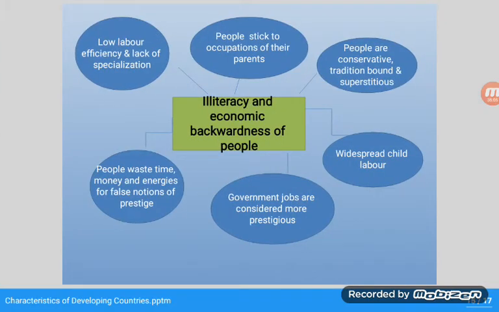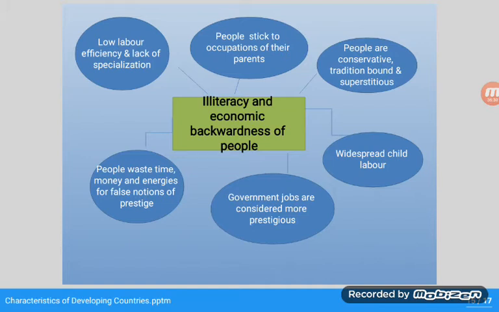Now next is that in developing countries, people are generally illiterate and economically backward. Okay, or they are facing economic backwardness. Now how, these points that I've shown you, in all these, if you are living in one of the Asian countries, you will observe them quite often.